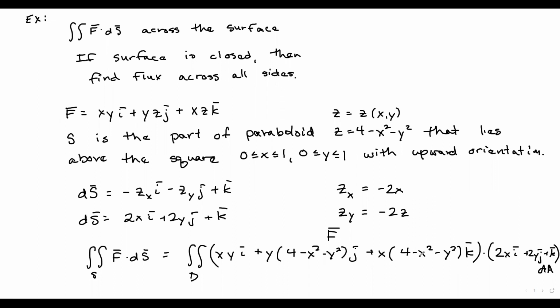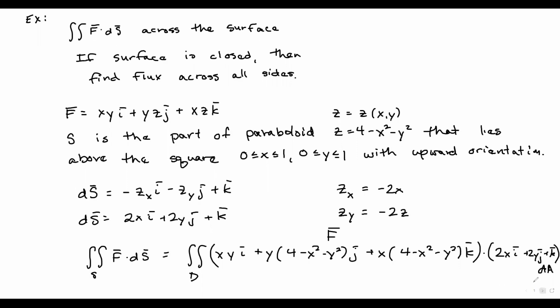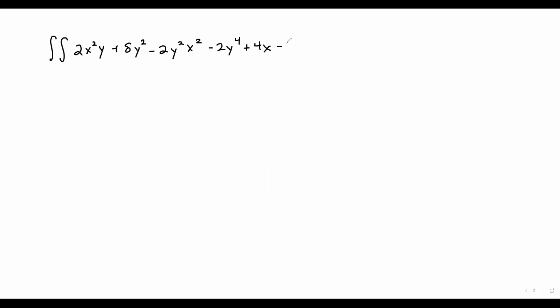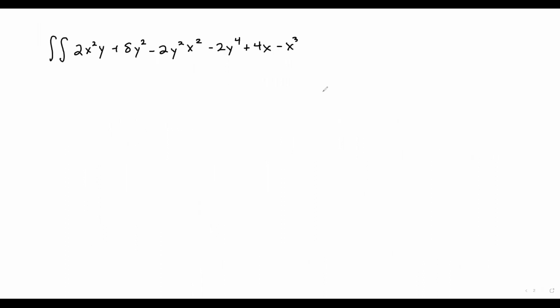And now next, we're going to have this dotted with k. And when we dot that with k, we're just going to be multiplying it by 1. So it's really just this. So what do we got there? That's plus 4x, minus x cubed, minus xy squared.